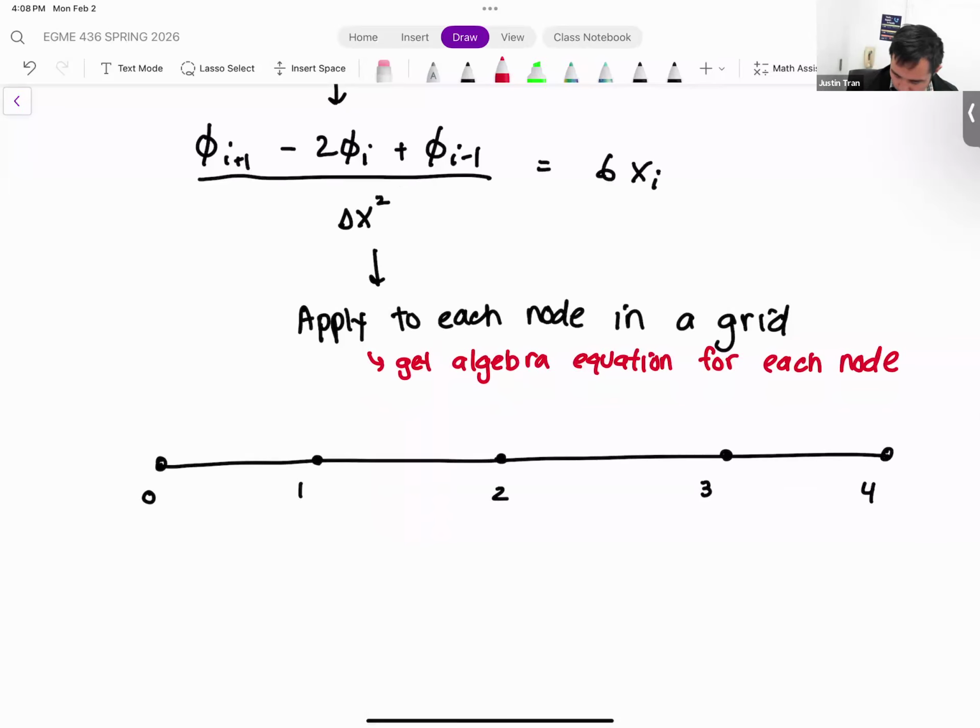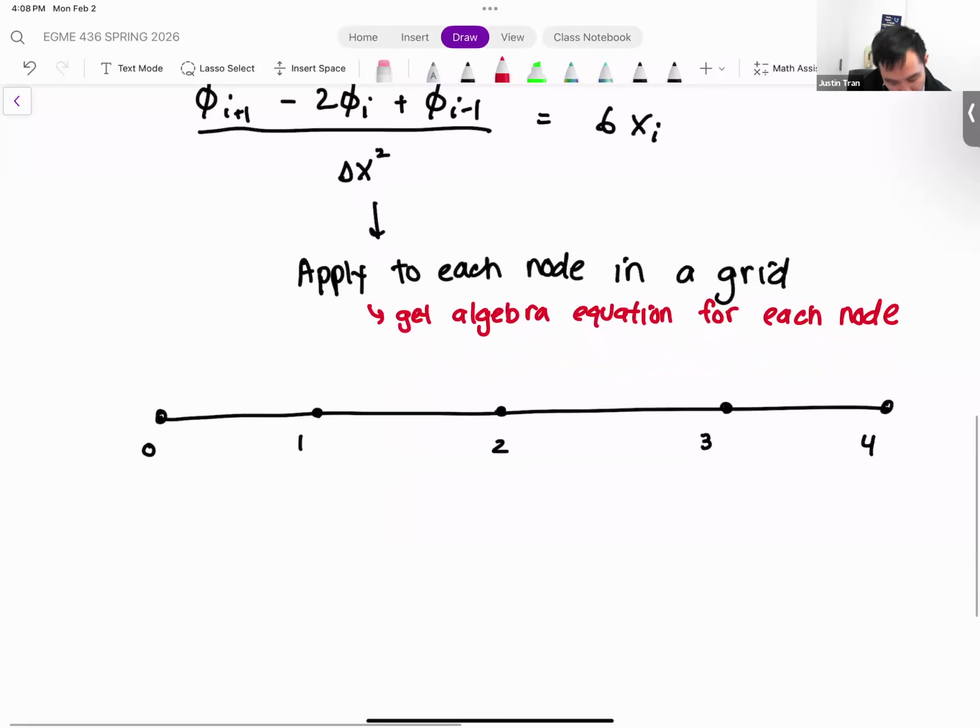What we saw when we applied this finite difference equation to the 5 nodes is that we did get 5 equations, but 2 of those equations were not usable, because we're only limited to functions of our solution within our domain.